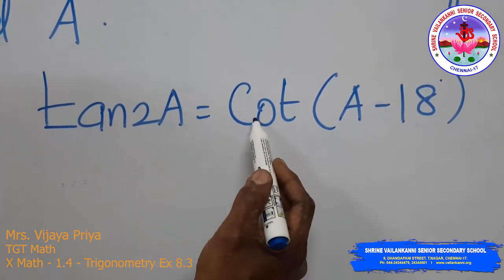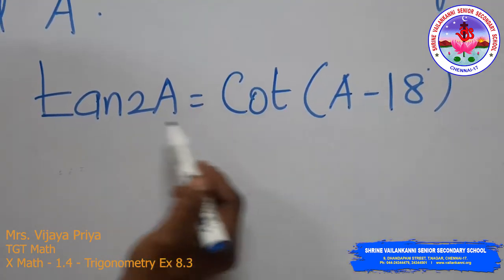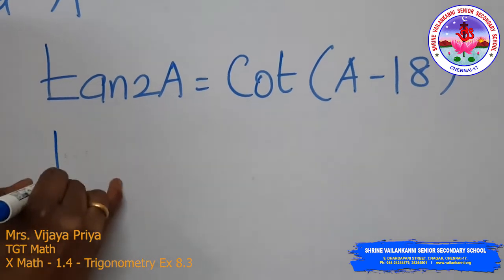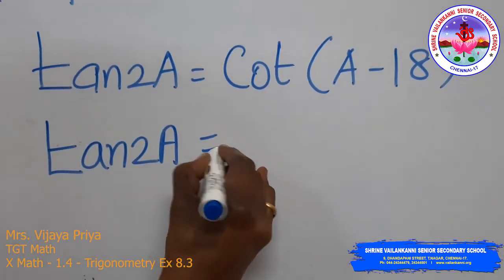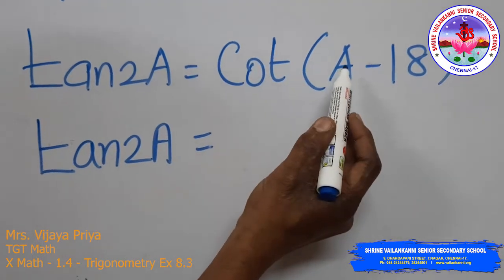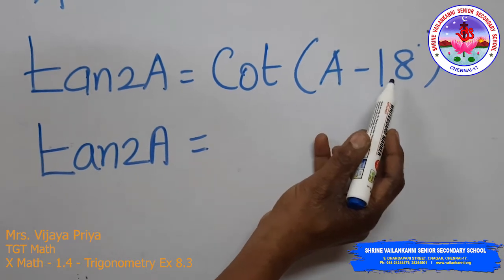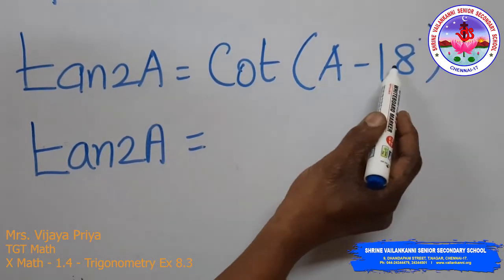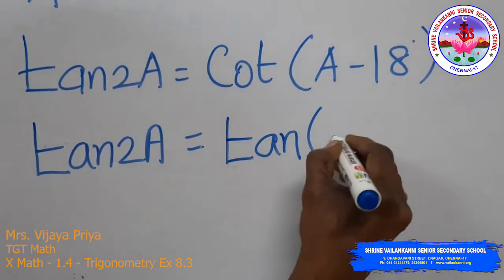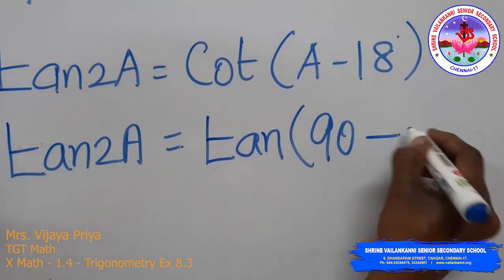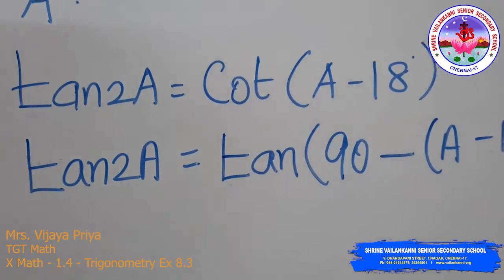So I am going to change my right hand side into a complementary function, keeping my left hand side as it is. Tan 2a is equal to cot theta is equal to tan of 90 minus theta. So cot of a minus 18 degree can be written as tan of 90 minus of a minus 18.